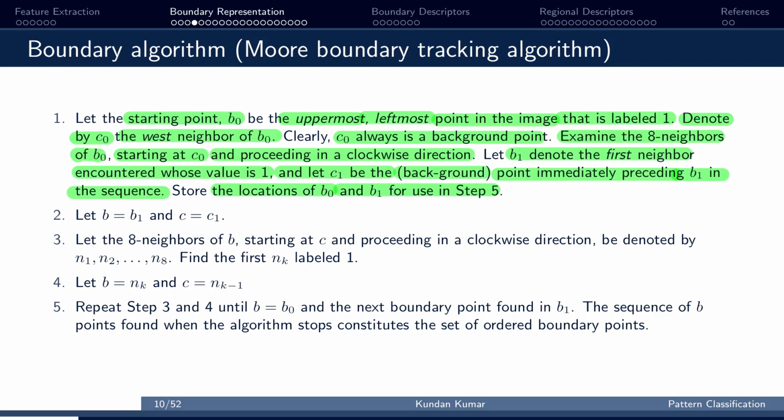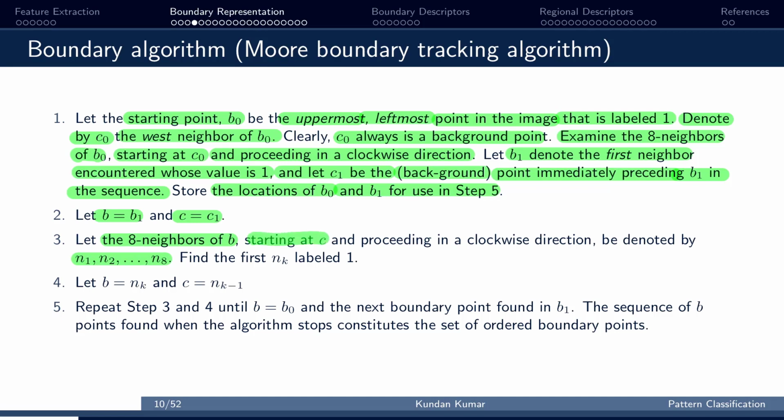So for the iterative process, B is initialized with B1 and C is initialized with C1, so that we can iterate with a single variable, that will be our B variable for the boundary pixel, and C the pixel just preceding B, and that will be our background pixel. So let the 8 neighbors of B be N1, N2 up to N8.